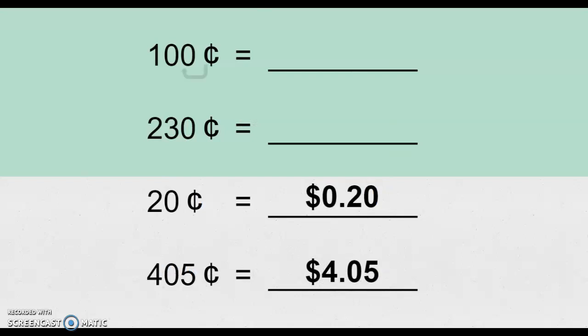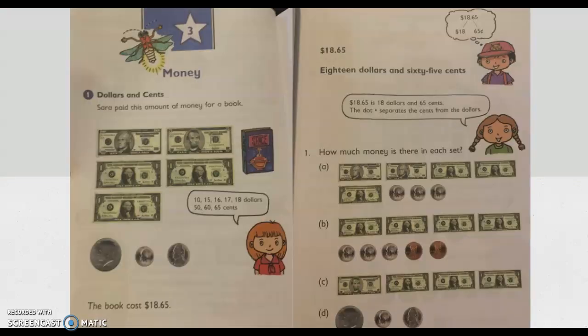Then you're going to move it over 1, 2 digits and add your decimal, and that will give you your dollar amount. Same for 230 cents. 230 cents would equal $2.30.